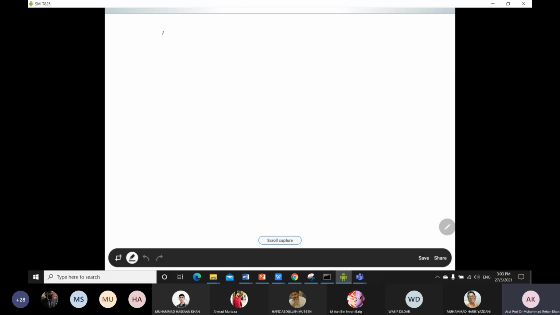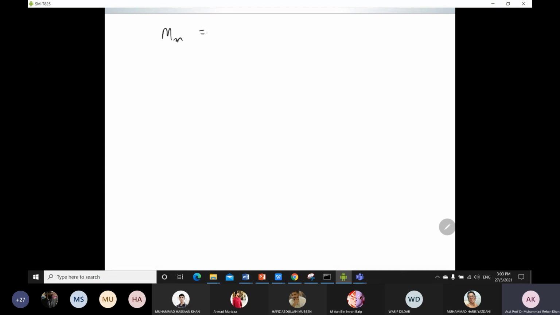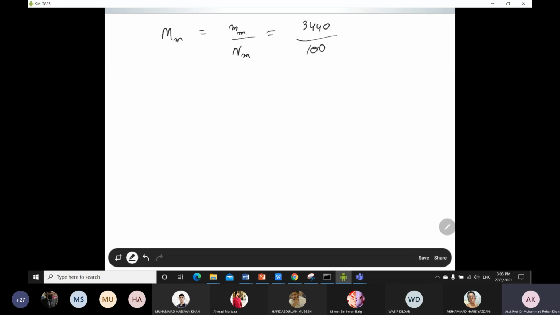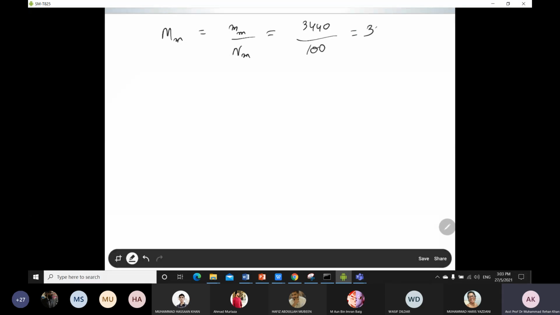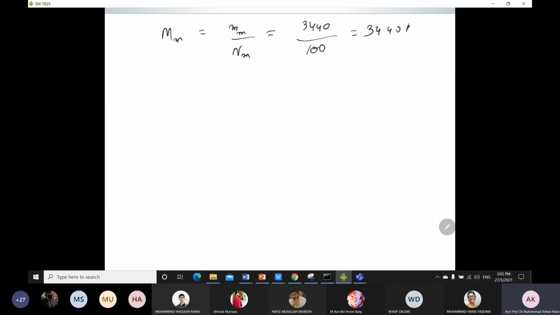The molar mass of the mixture is equal to mass of mixture over number of moles of mixture. We have both of these terms: 3440 and 100 kilomole, which we already considered, as your gas mixture consists of 60 kilomole of N2 and 40 kilomole of CO2. From here we can easily find the molar mass of the mixture, which is equal to 34.40 kilogram per kilomole.